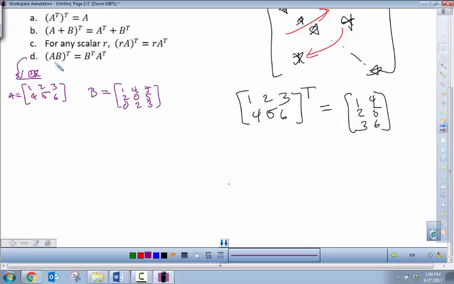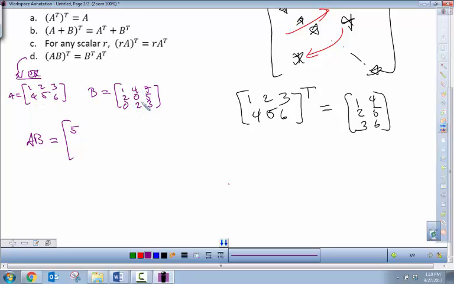All right, so let's do AB first and do that computation. So this is a 2 by 3 and a 3 by 3. What's it going to end up being? It's going to end up being a 2 by 3, right? It'll have 2 rows and 3 columns. All right, so the first one, 1, 2, 3, dotted with 1, 2, 0. So that's 1 plus 4 is 5. 1, 2, 3.